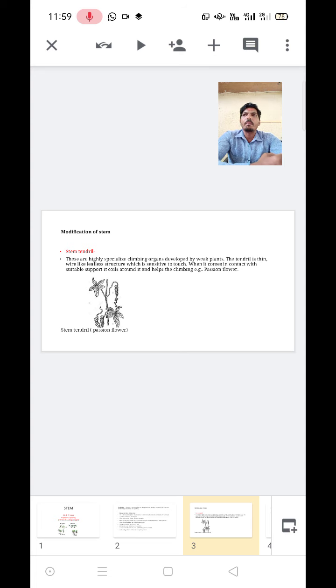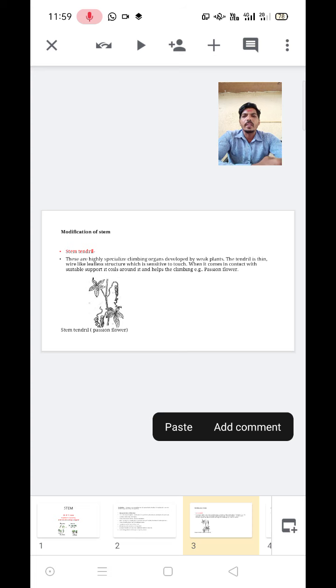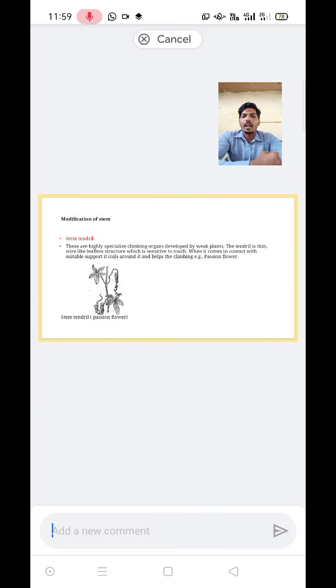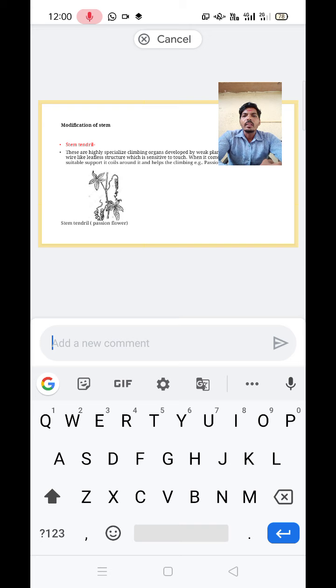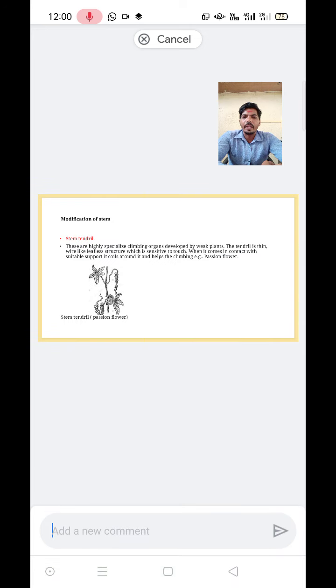When it comes in contact with a suitable support, like walls, old plants or other strong organs, it coils around it and helps the climbers to climb.